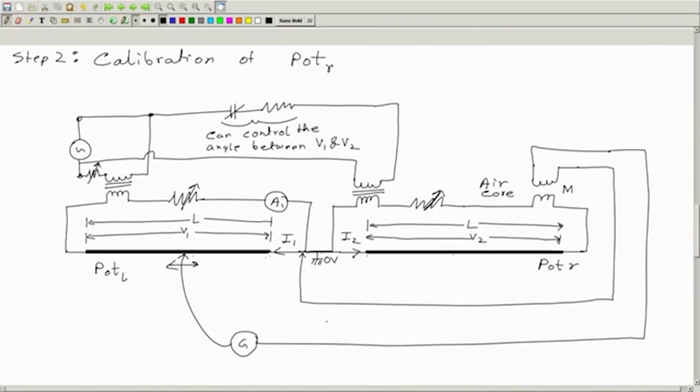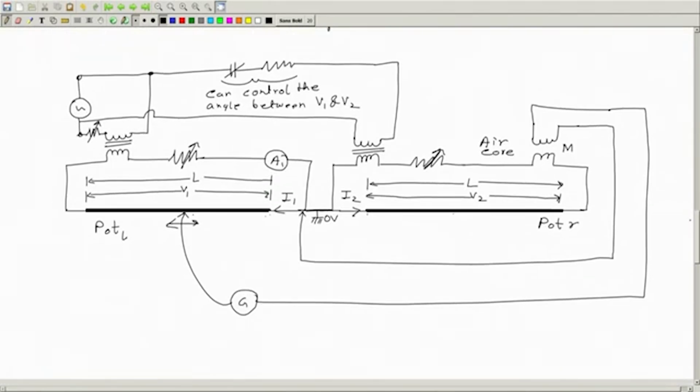Now observe that this voltage in the secondary, call this Vm, is at 90 degrees with the current which is flowing here, I2.